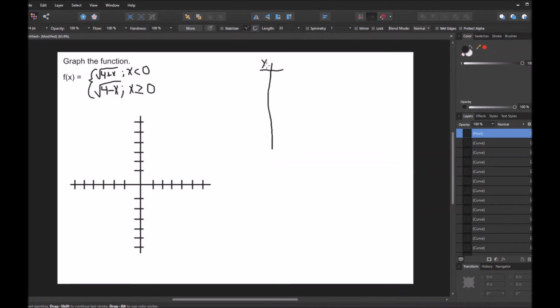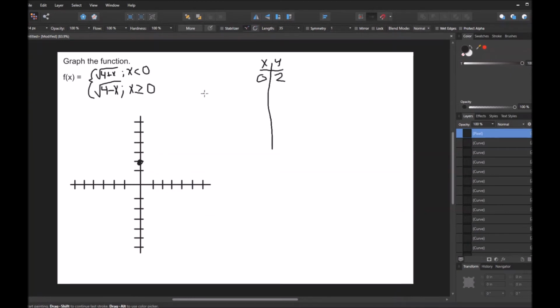If we plug in 0 for x, then we're going to default to this bottom function, because it says when x is greater than or equal to 0. And because we're plugging in 0, we would get 4 minus 0, which is 4, and the square root of 4 is 2. So we have a point 0, comma 2.